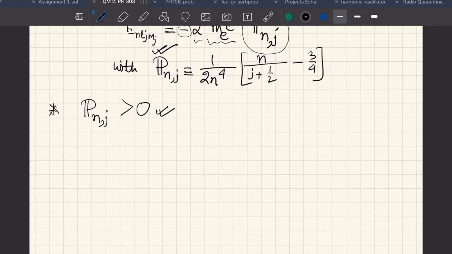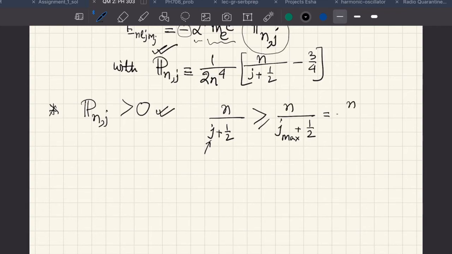You start with this expression N by J plus half. The question is, what is the minimum value of this? To figure that out, you put J max here. The minimum value will be obtained if you put the maximum value of J, since the denominator will be maximum. So this should be greater than or equal to N by J max plus half. But what is J max? J max is L max plus half.